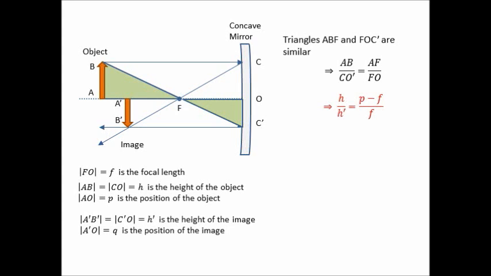They have equal angles at the corner point F. The sides of these triangles satisfy similarity ratios, such as length AB divided by length CO is equal to length AF divided by FO. If we express this in our variables, we find the relation h over h prime is equal to p minus f divided by f.